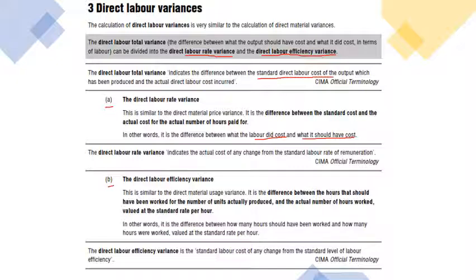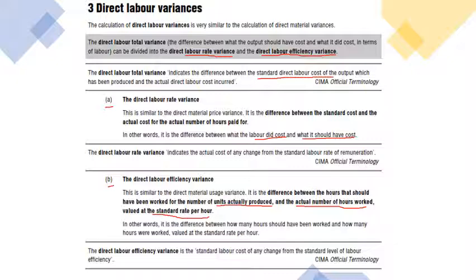Direct labor efficiency variance is similar to the direct material usage variance. It is the difference between the hours that should have been worked for the number of units actually produced and the actual number of hours worked, valued at the standard rate per hour.